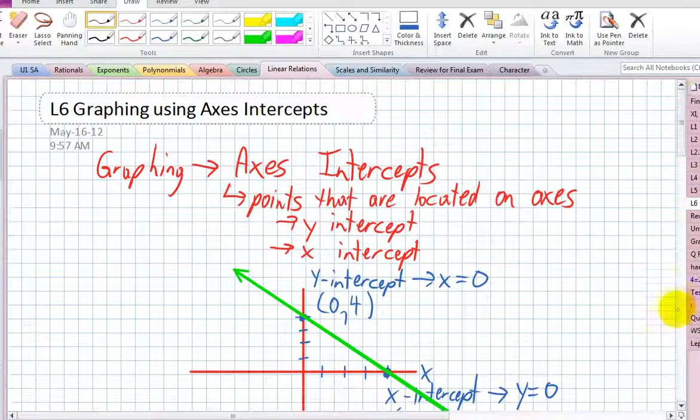Okay, so today we're going to do graphing using axes intercepts. Please write this down as your title. Graphing using axes intercepts.